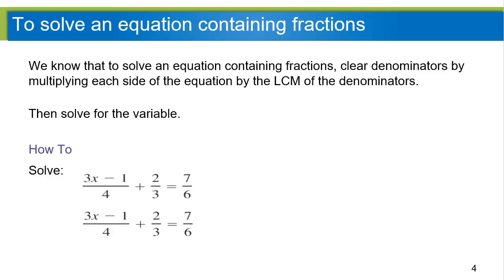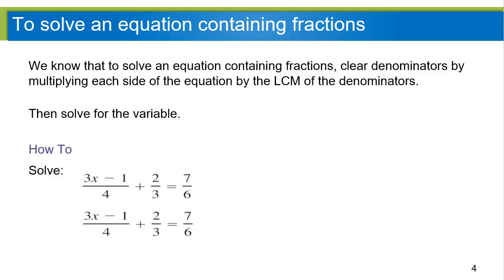The reason why I say largest, most complicated is when you're dealing with numbers, you're just picking the largest number. So in this case, we'd multiply everything by 6. But we're going to see some examples later where the denominators are going to have variables in them. And if there are variables in them, pick the one that's the most complicated, multiply by that, and oftentimes it will kill off multiple fractions.